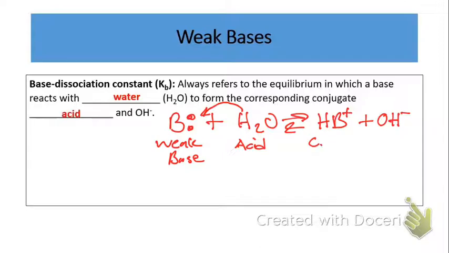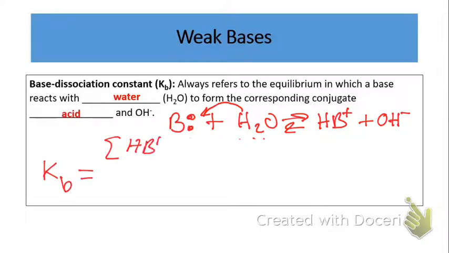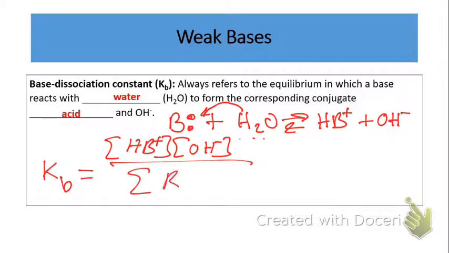So the equilibrium expression would be Kb equals the conjugate acid times the hydroxide ion concentration over the base concentration. Water is a liquid, so we leave it out of our equation.